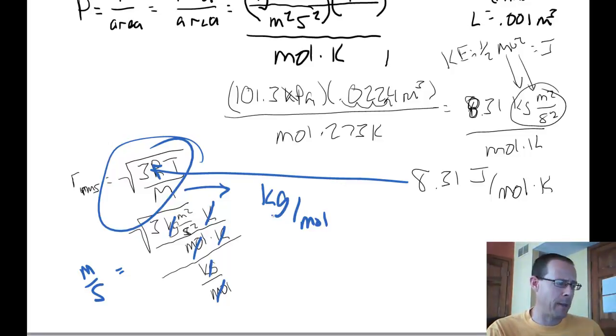Because molar mass is in the denominator, we're going to find that the smaller our mass, the faster our gas moves at a given temperature. So hydrogen gas, because it only has a molar mass of 2, or 0.002 kilograms per mole, or 2 grams per mole, is our fastest gas at a given temperature. Or something like sulfur dioxide, which has a molar mass of 64 grams, or 0.064 kilograms per mole, is going to have a much slower average speed at a given temperature.